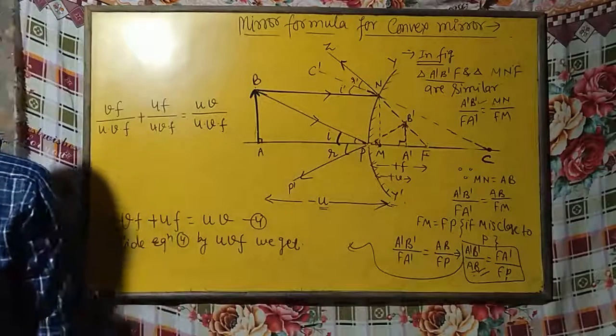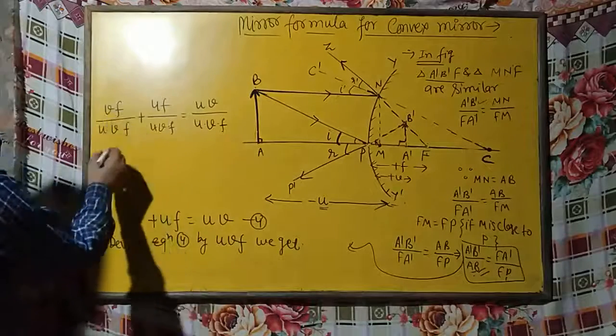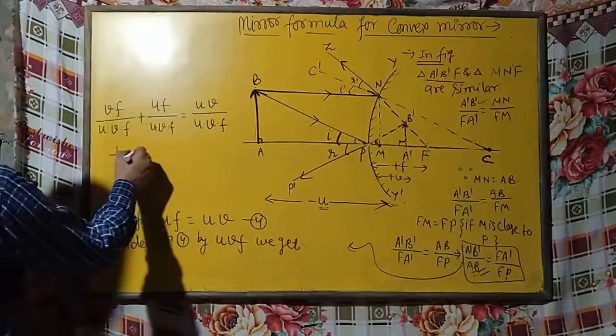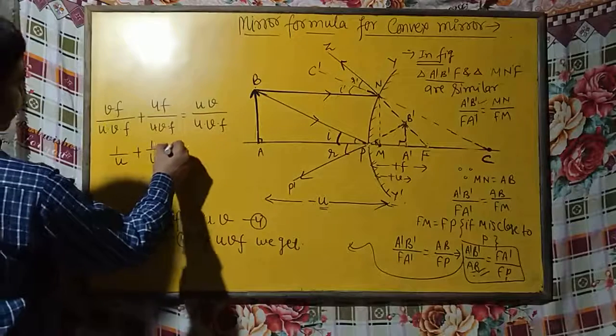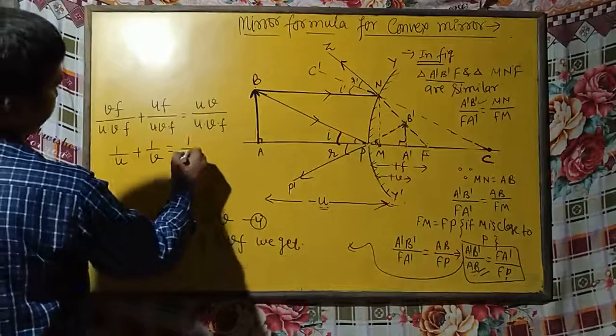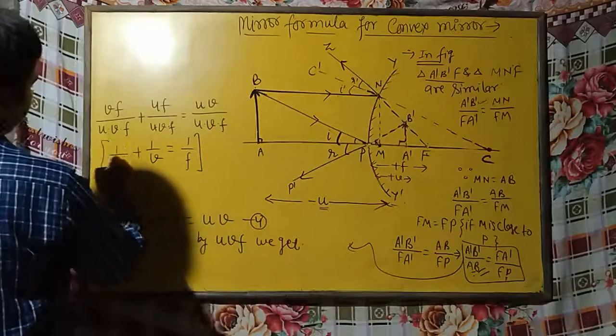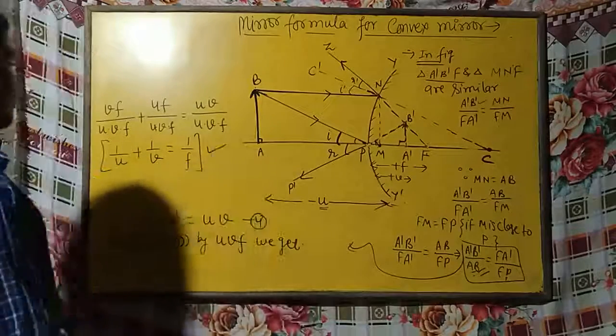Okay, so if you cancel the things, you will get 1 by u plus 1 by v is equal to 1 upon f. So this is the required result.